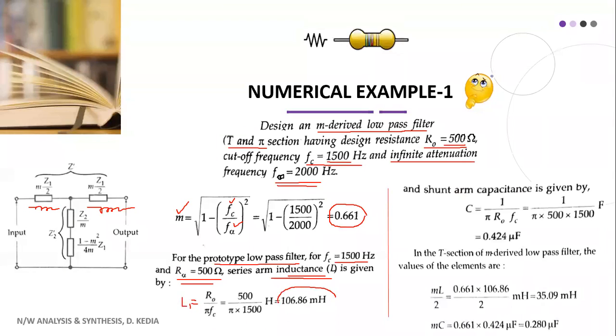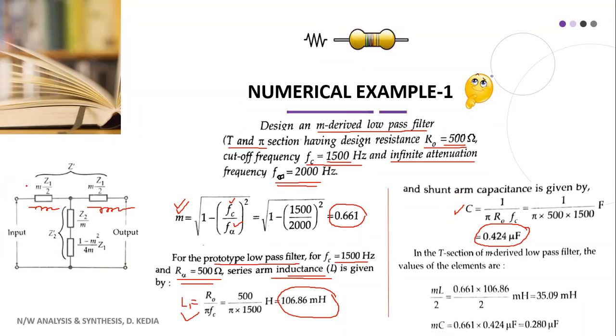So this is our L1. Then we had C in the shunt arm. For that, the formula was C equal to 1 by pi R naught fc, and this is our C. So we have obtained m, we have obtained L, we have obtained C.